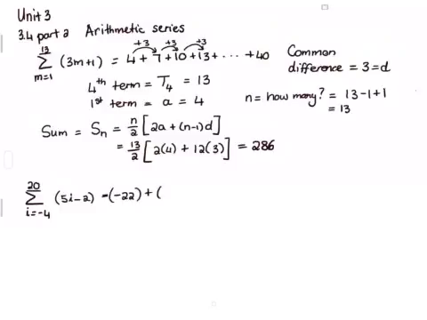Plus, then your i is -3. Put that in, calculate the value. Then your i is -2, and you're going to continue like that, and for the last time your i is 20.